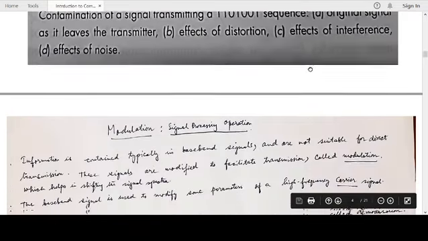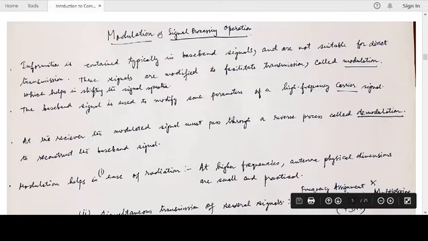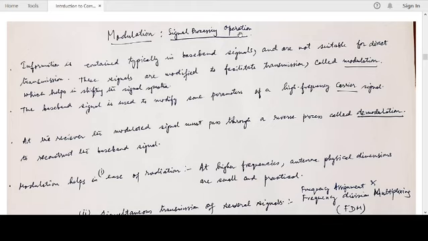First we'll discuss modulation. Modulation is a signal processing operation. Coding is a symbol processing operation. In modulation, the transmitted signal itself is processed.